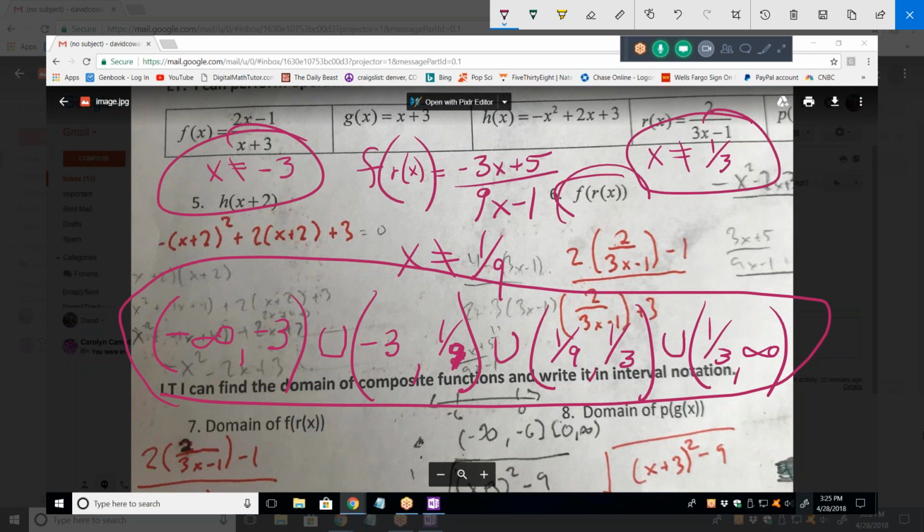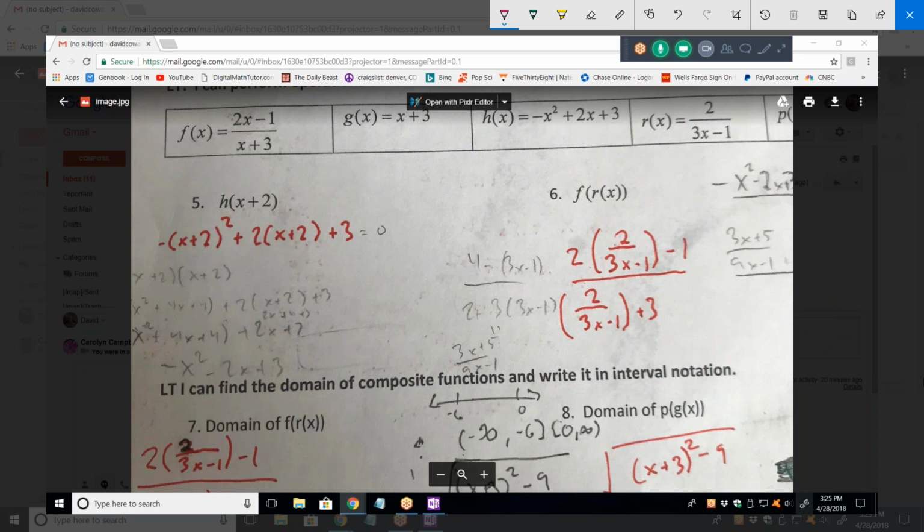But the important thing to learn from this is that when you have a composite function, you have to look at the domain restrictions of your composite function as well as the domain restrictions of each individual function on its own. In other words, I said f of x equals square root of x divided by square root of x.